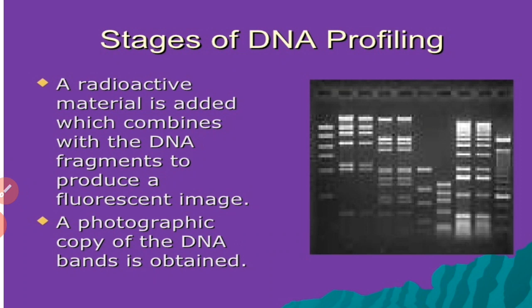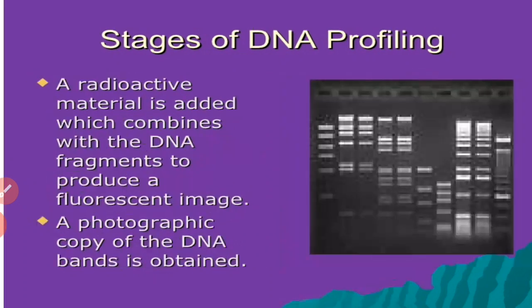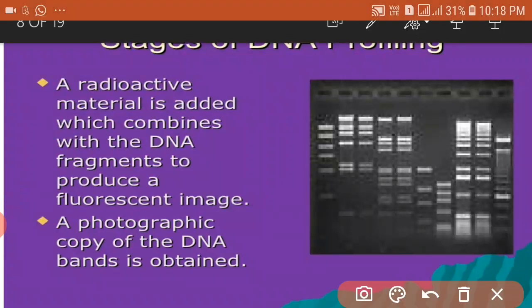On the nitrocellulose paper, there will be hybridization using labeled VNTR probes. These probes are radioactively labeled. They combine with the DNA fragments to produce a fluorescent image.